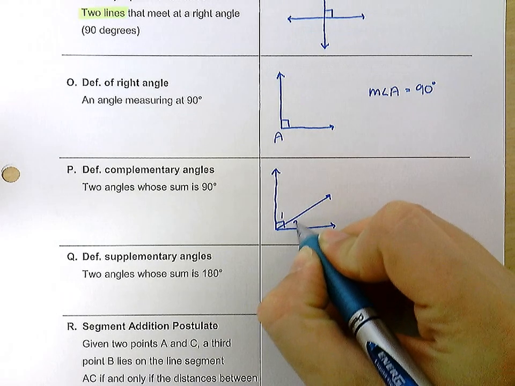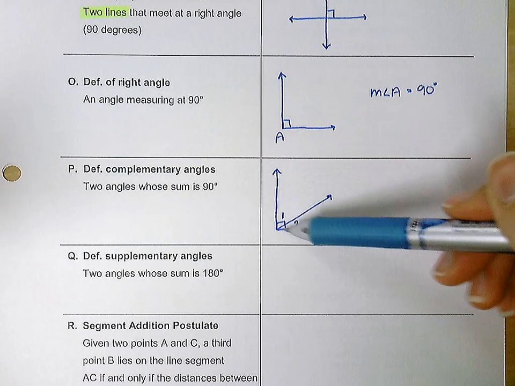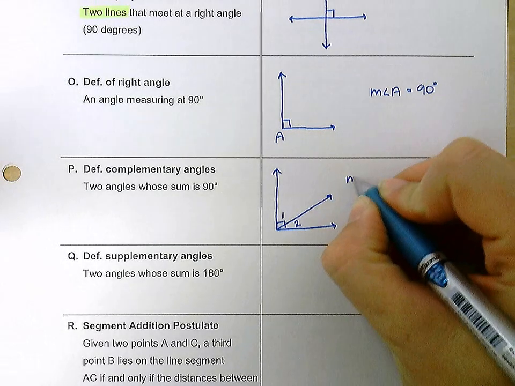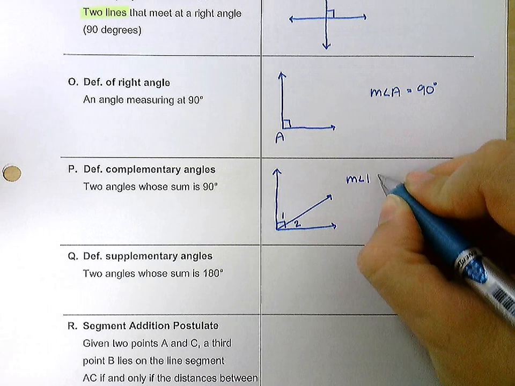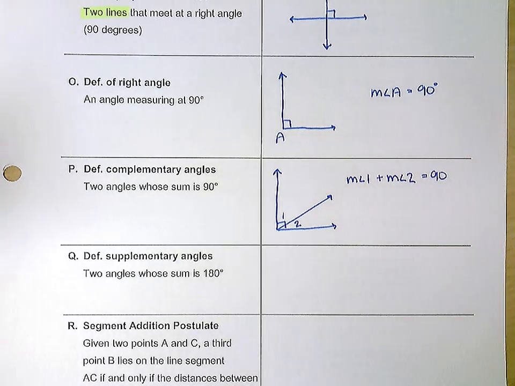I'll label 1 and 2. Now since I know both of those together form that right angle, I can take the measure of angle 1 plus the measure of angle 2 to get 90. Those are complementary because they both add to 90 degrees.